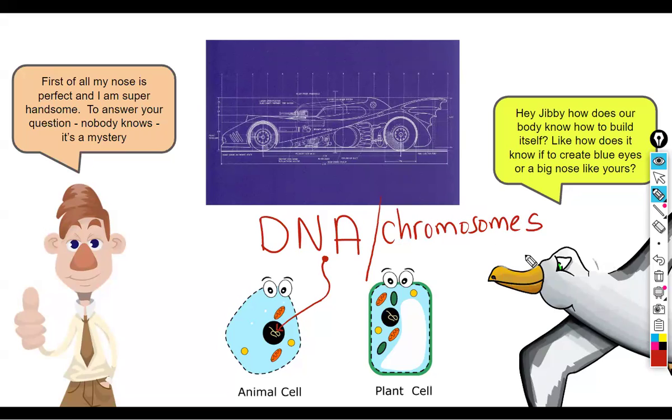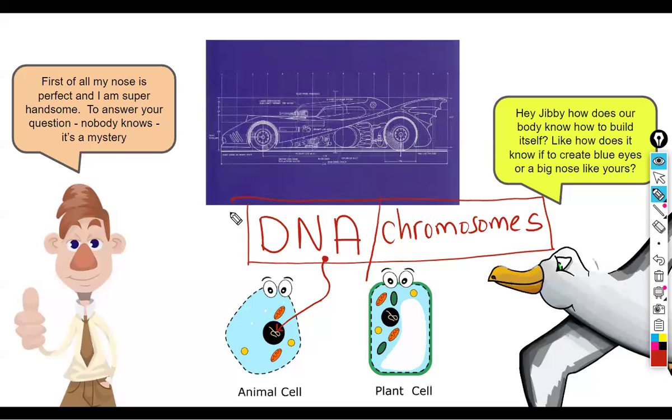Now, there is a slight difference between DNA and chromosomes. For the time being, I will accept any answer. DNA and chromosomes is a complete chapter by itself. We're not ready to go there yet, but let's just keep today's answer simple.